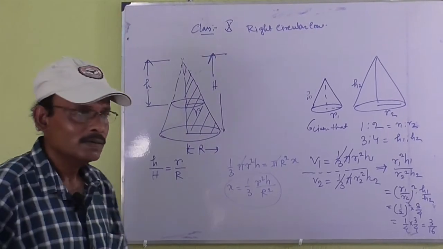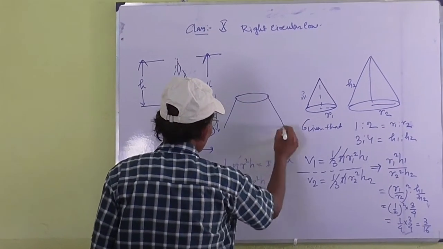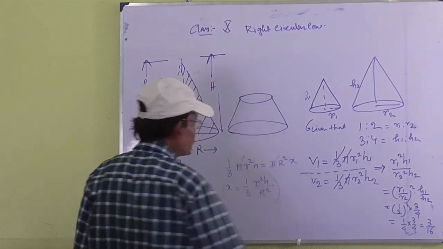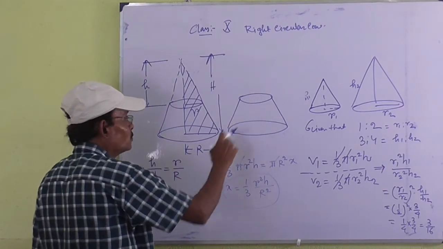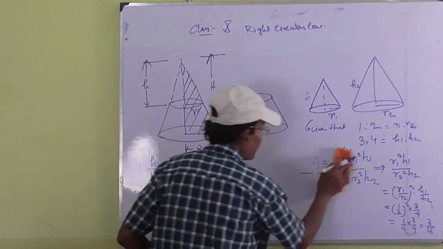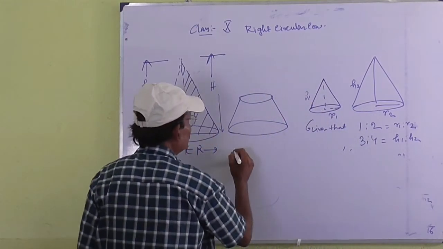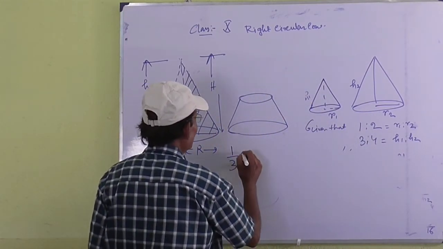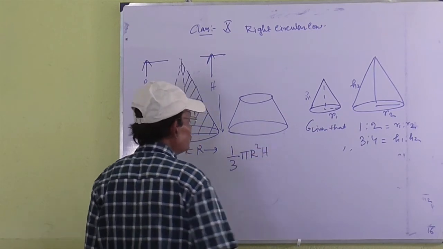If we have to find the volume of this figure, we must find out the total volume. Total volume will be one third pi R square into H. Clear?